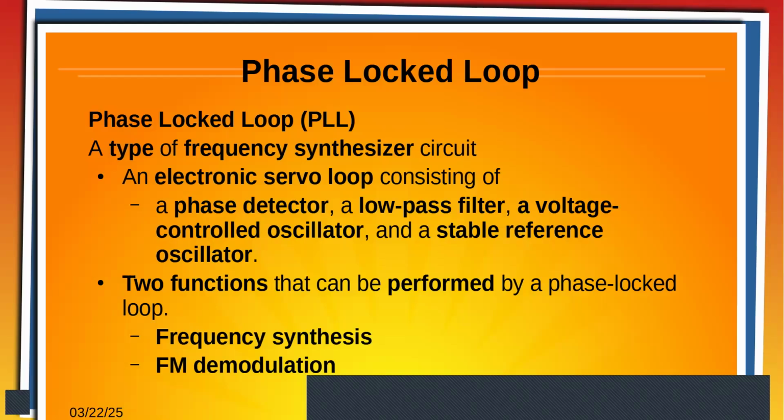Then a low pass filter, a voltage controlled oscillator, a VCO, because you have to vary the frequency with an analog input, which is the error signal that you get from the phase detector. And then a reference oscillator. It's typically used to just do frequency synthesis. You can use it as a type of FM demodulator as opposed to a discriminator. You can demodulate FM. I suspect you can do PM.